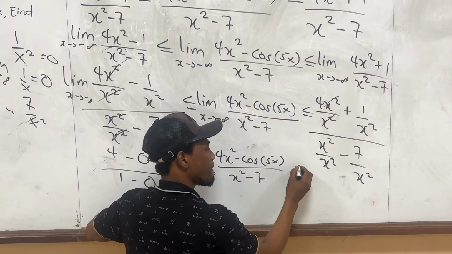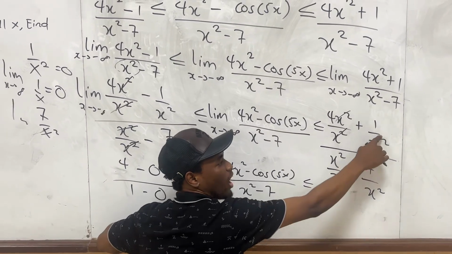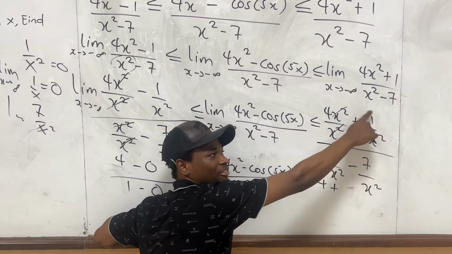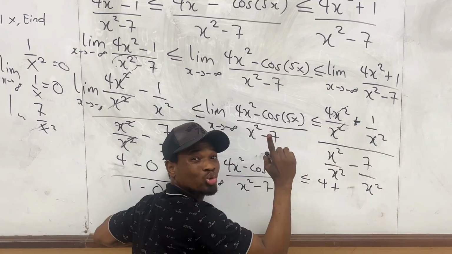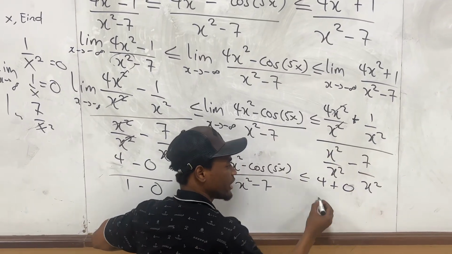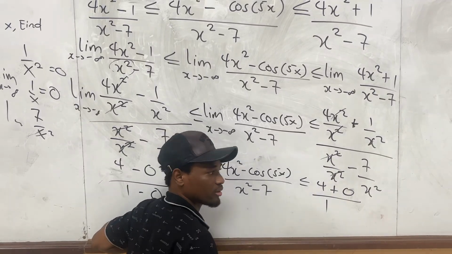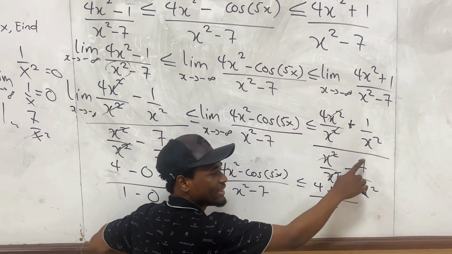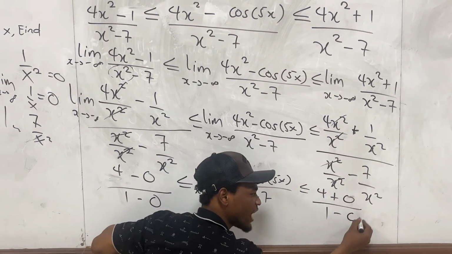I have 4, then plus 1 over x squared. The limit at infinity of 1 over x squared goes to 0. Then all over, this cancels this, 1, then minus 7 over x squared. The limit over there at infinity goes to 0.